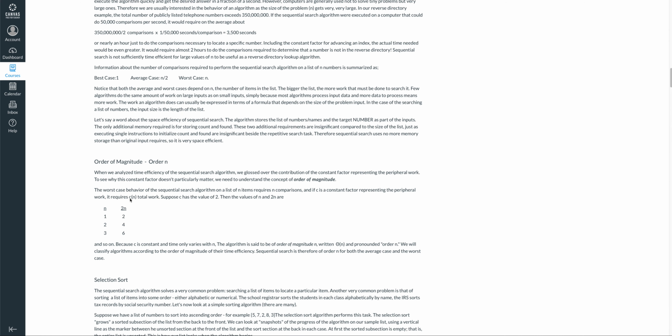Another thing, the way you'll measure how efficient a polydeterministic algorithm is, is using the order of magnitude, okay? The order of magnitude.